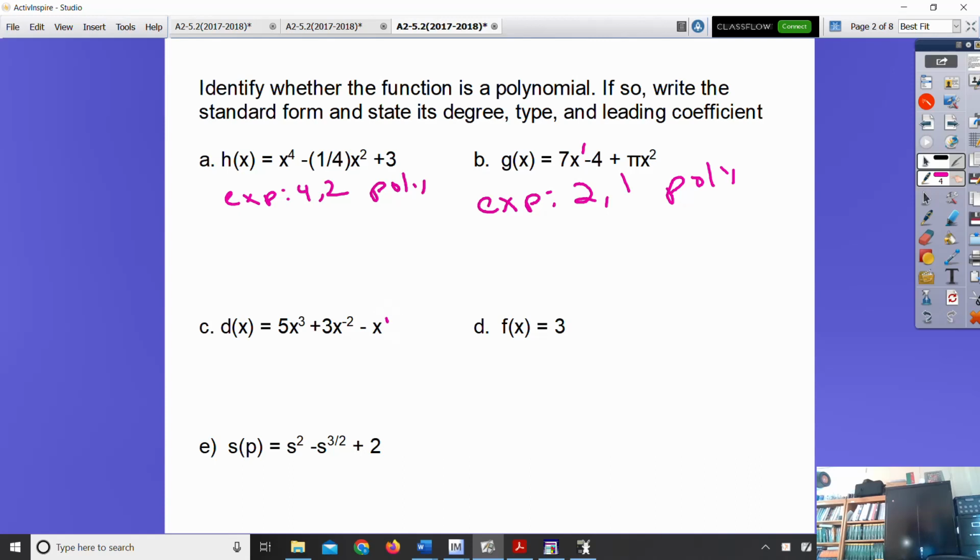Understoods. The exponents are 3, -2, and the understood 1. Is it a polynomial? Why not, Nathan? There you go. Negative exponent is not a polynomial. What's the exponent on B?